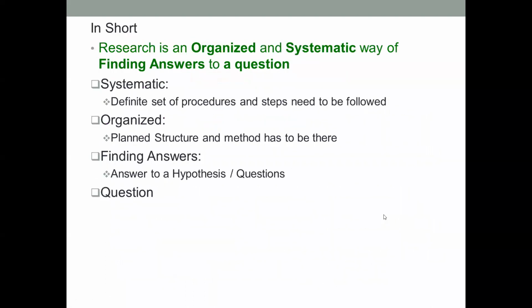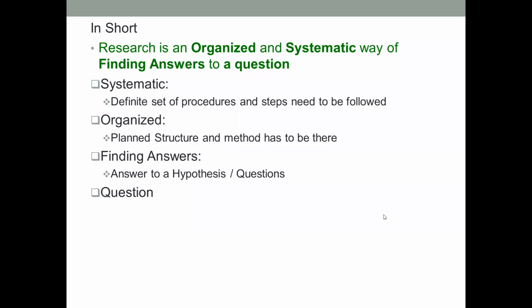So in short, research is an organized, systematic way of finding answers to a question. Systematic means it has a definite set of procedures and steps needed to be followed.